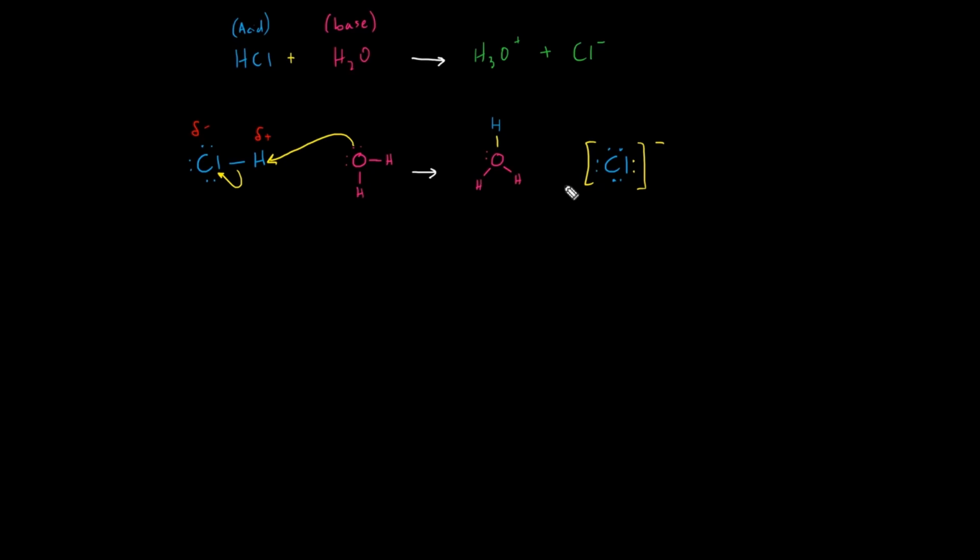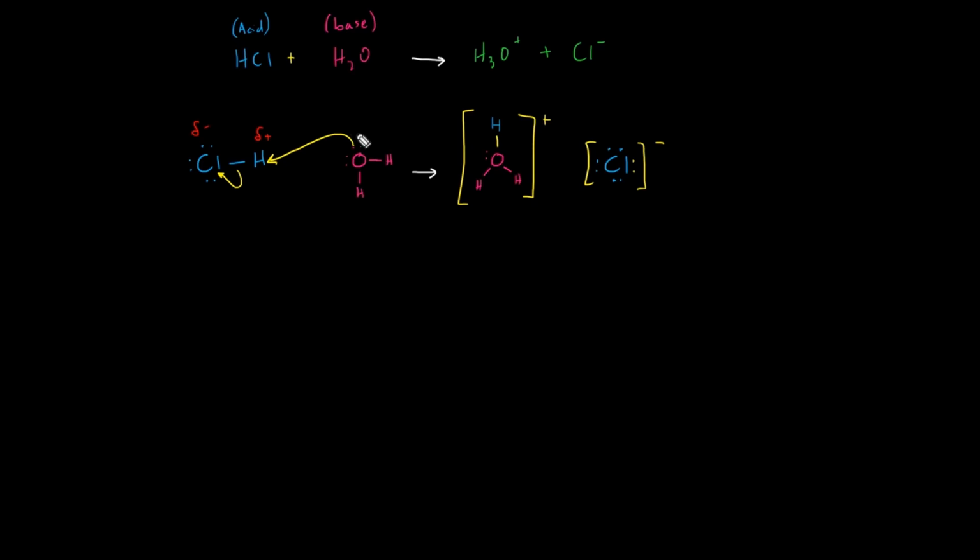Notice also the charges. Hydrogens carry an innate positive charge, and I actually forgot a charge here. This hydronium ion is +1 because it's gaining a hydrogen ion, it's gaining a proton. And the chloride is -1 because it's losing that proton, it's losing the hydrogen ion. So this is essentially what is happening in a Brønsted-Lowry acid-base reaction, where the acid acts like a proton donor and the base acts like a proton acceptor.